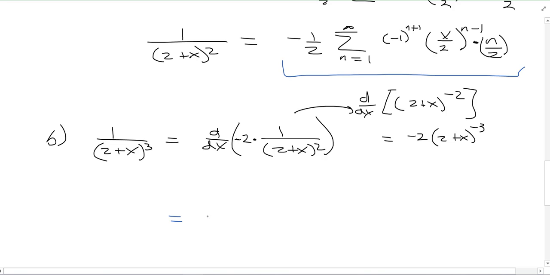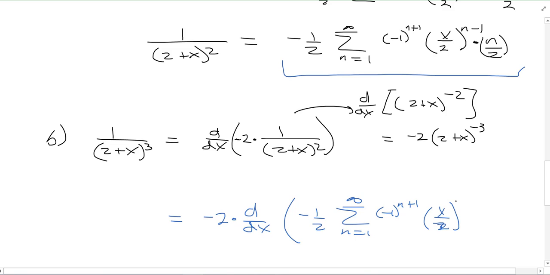So then this will be minus 2 times the derivative of this power series, which I already have, which is negative 1/2 times the sum from n equals 1 to infinity of negative 1 to the n plus 1 times x over 2 to the n plus 1 times n over 2.